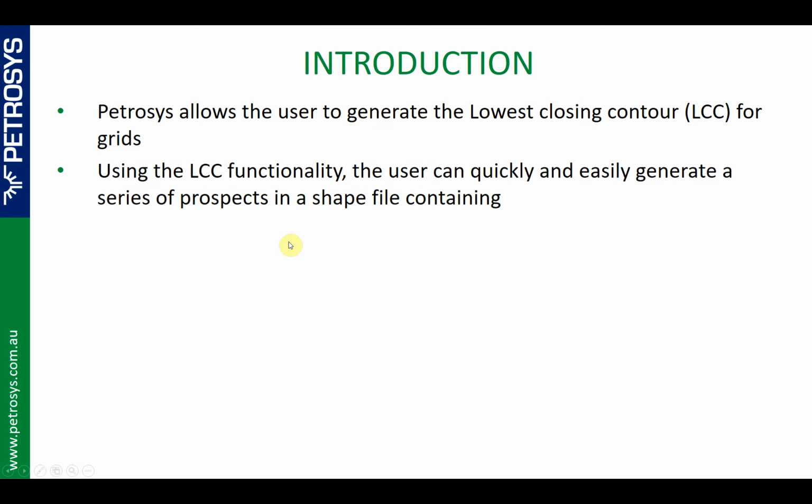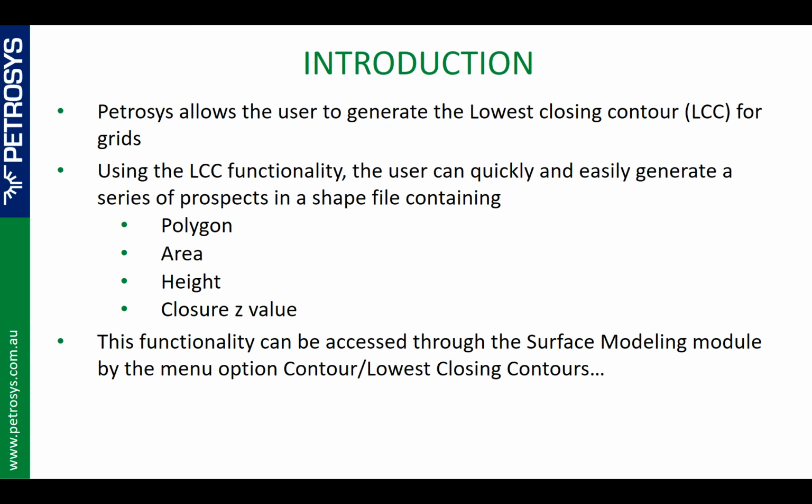We can also use the functionality to quickly and easily generate a series of prospects into a shapefile, and this shapefile will contain the polygon of the spill point, the area of that polygon, the height of the structure, and the Z value of that polygon, which is the spill point Z value. And it can be easily accessed through the surface modeling module using the menu option contour, lowest closing contour.